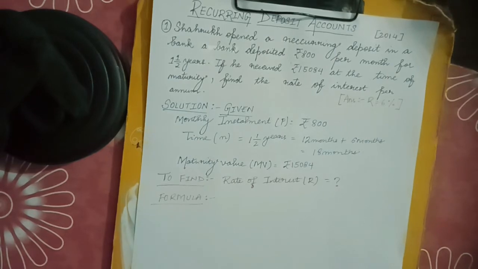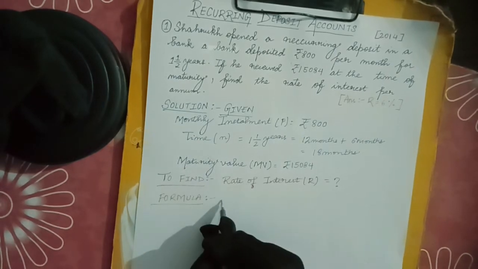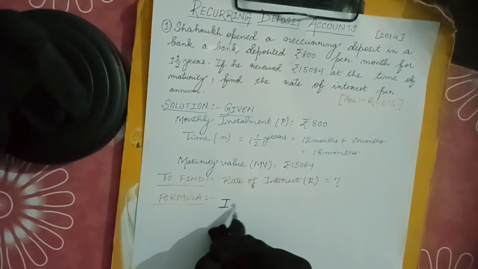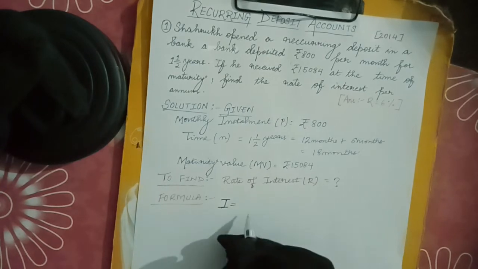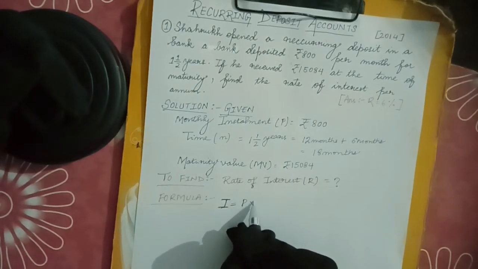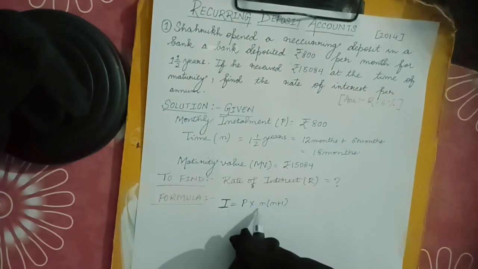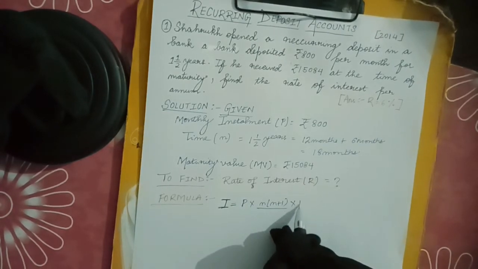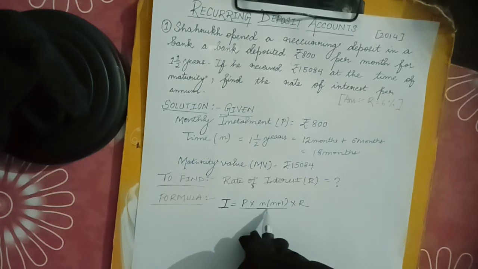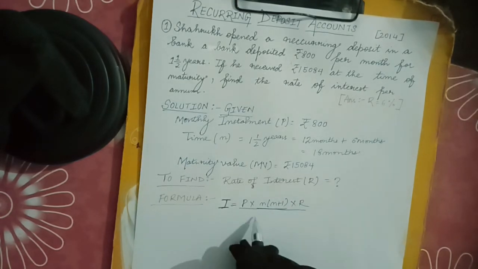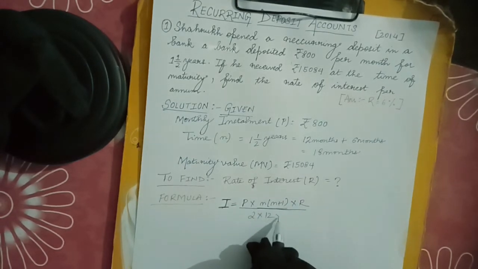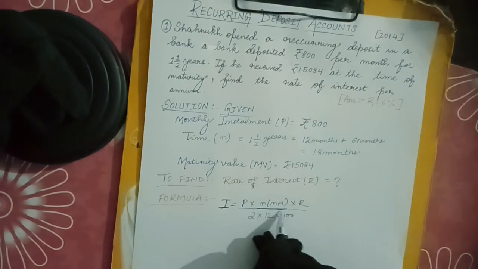It is I equals P into N into N plus 1 by, first we'll write R, and in the denominator we'll write 2 into 12 into 100. Clear?